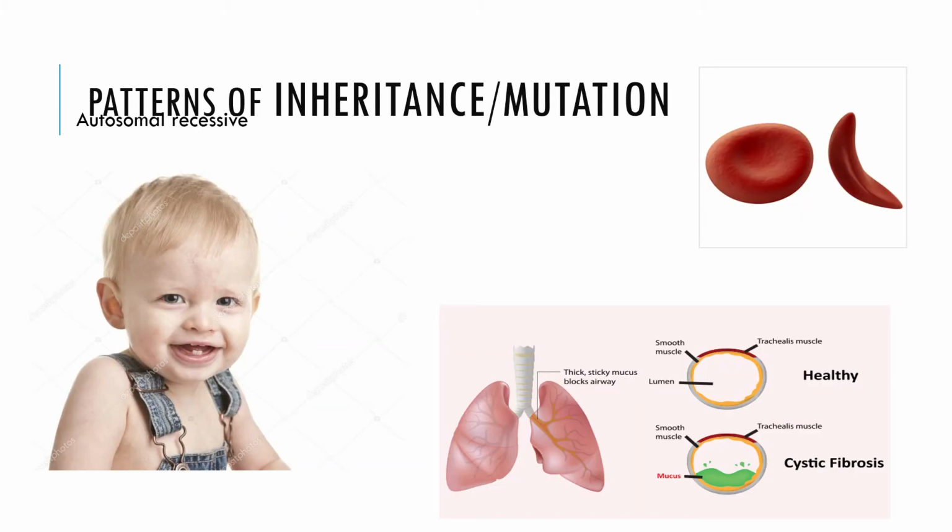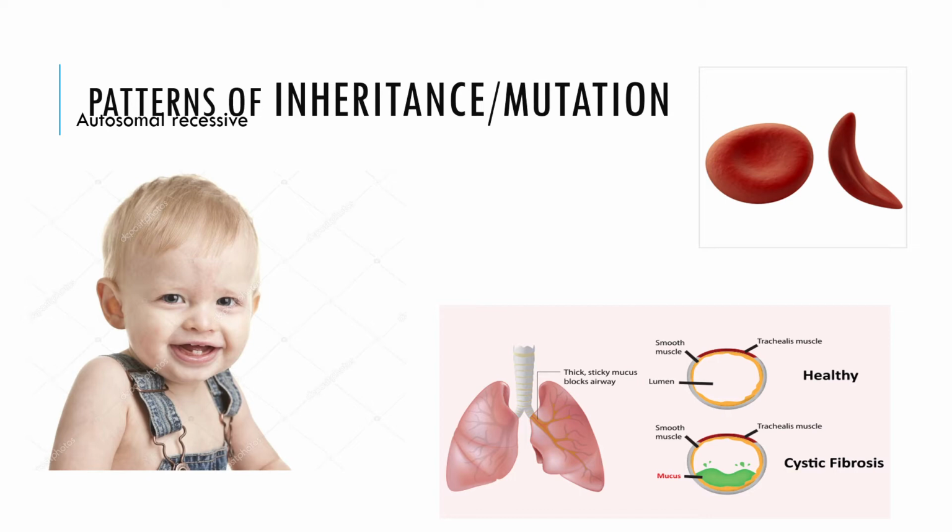Now, continuing this inheritance or mutation problem, let's look a little bit more at autosomal recessive, right? Males and females will equally be affected. In this case, individuals with a heterozygous trait are carriers.